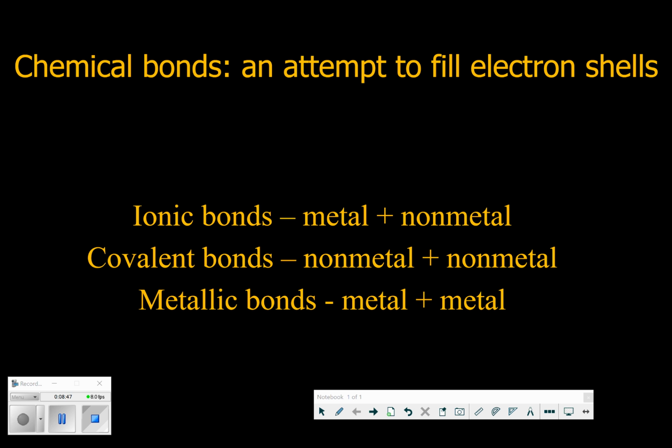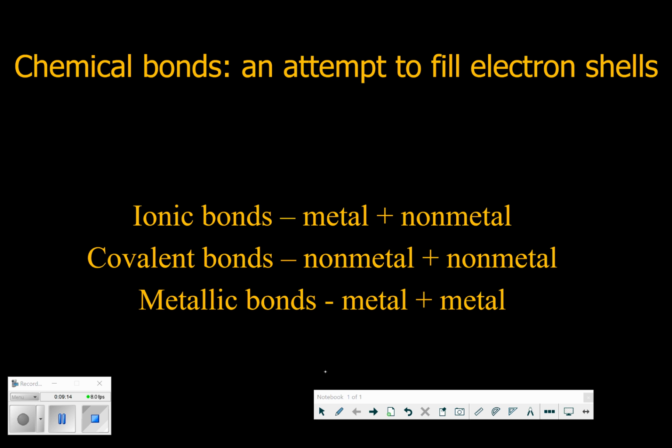Plus anything on the metalloids or the non-metal side. Okay, excuse me, it's got to be a metal and a nonmetal. A covalent bond is two nonmetals. You can also bond a metalloid and a nonmetal.